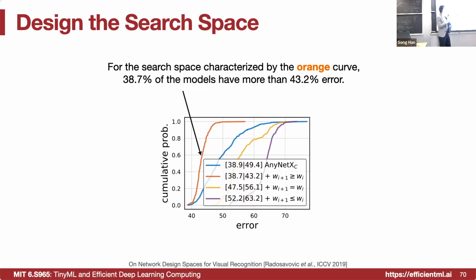What if we move to this orange space? 38.7% of the models have more than 43.2% error. So which line is a better design space? Is it the blue line or the orange line?